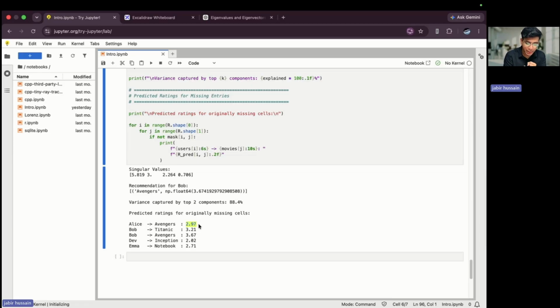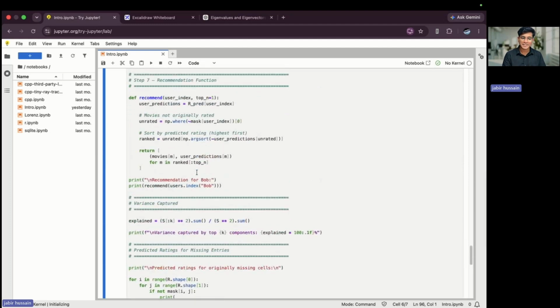For Bob, the recommendation is Titanic. For Bob again, the two highest values are the new predictions for the blanks. Then Avengers, Inception, Notebook. This is what our example is, and I hope you got the concept, which is the main thing.